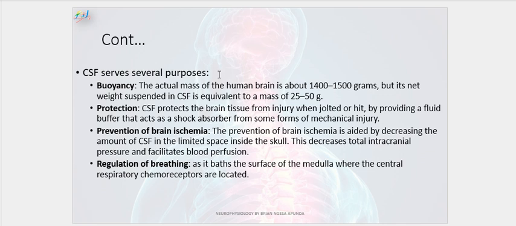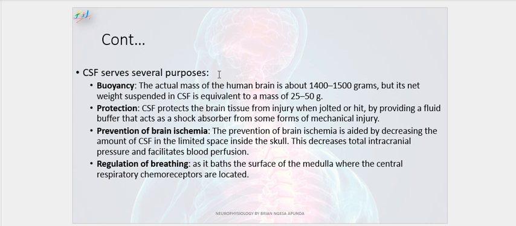So it is somehow able to reduce that weight because our fluid, or rather the CSF, is giving us that buoyancy characteristic. Another reason why CSF is important is obviously for protection reasons. It normally protects the brain tissue from injury when jolted or when hit by providing a fluid buffer that normally acts as a shock absorber from some form of mechanical injury.